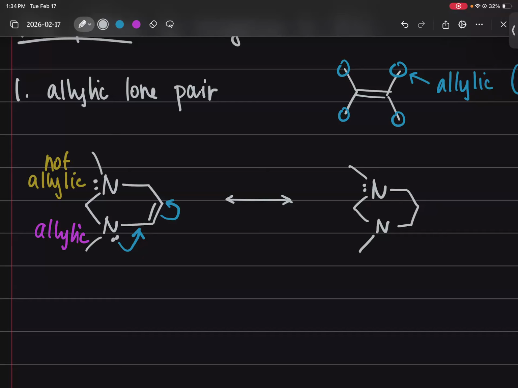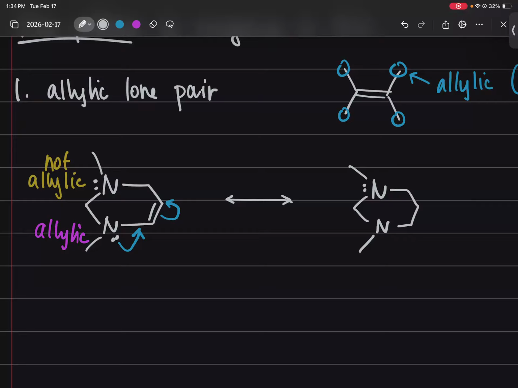First, draw the atoms in the sigma bonds. Okay, I did that. Second, draw pi electrons and lone pairs that don't move. Okay, we haven't shown an arrow messing with that non-allylic pair in yellow, so those are going to stay put. And everything else, the lone pair on the allylic nitrogen and the pi bond in the carbon-carbon double bond, those are both moving, so that's going to change.